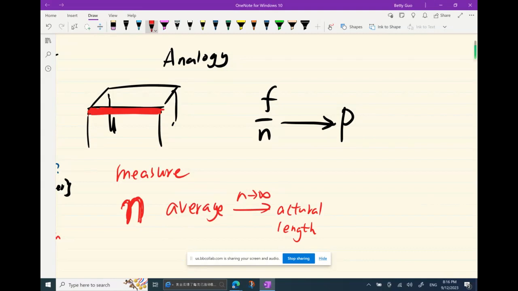Same thing for probability. We use the relative frequency to measure the probability. And when our sample size is big enough, a very large sample, the relative frequency, the empirical probability, would be very close to the actual probability.